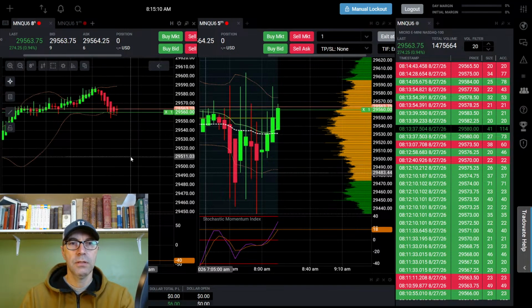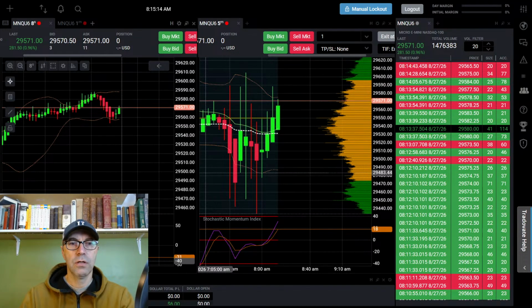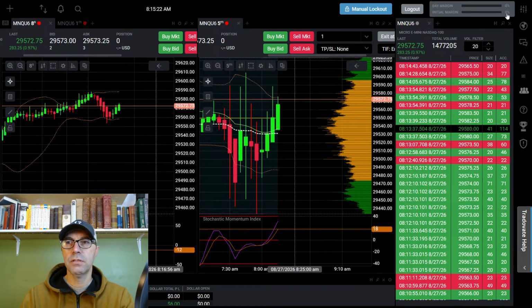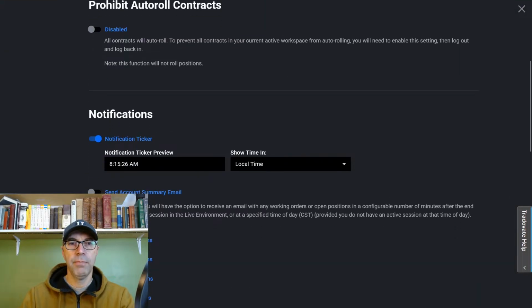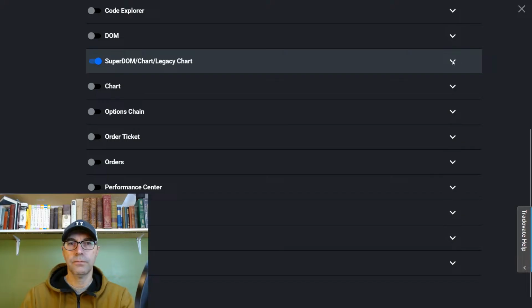Crossover. I was going to try to buy right here, and it didn't fill me. Why? Because I'm set to buy bid and not buy market.